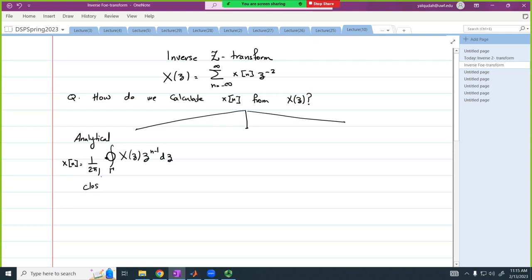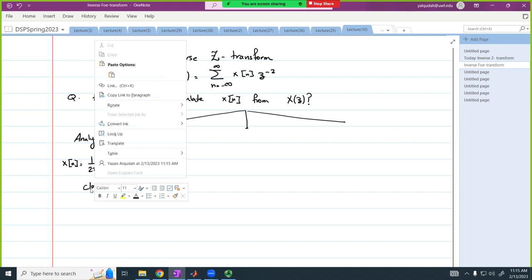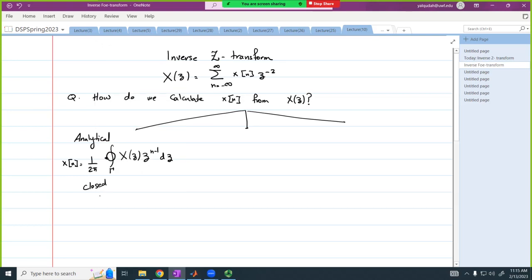So this is integration over a closed contour in the counterclockwise direction. So this is how you can calculate it analytically. However, we're not going to be using this method.